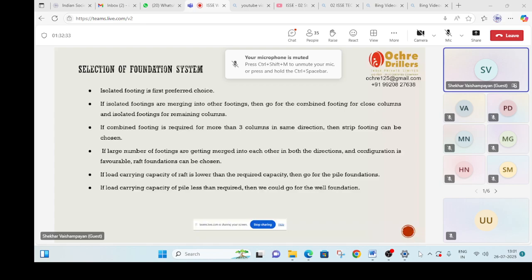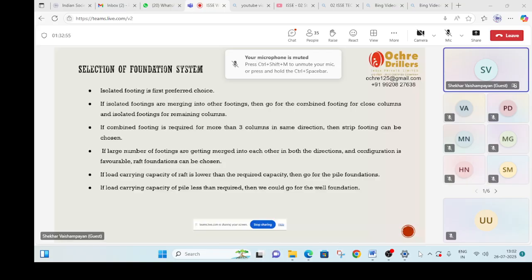If combined footings are also not possible, if the combined footings are in a line, then I can construct a strip footing. Maybe in a plant or steel industrial building it is very much possible. And if a large number of footings are getting merged into each other in both directions, and the configuration is favorable, then I can use raft foundation.